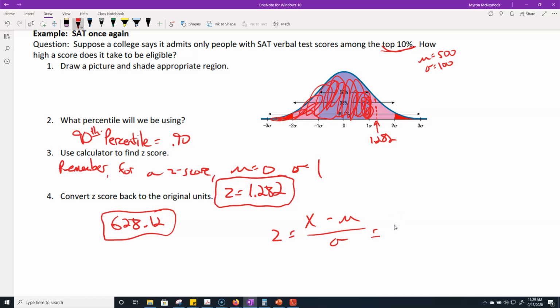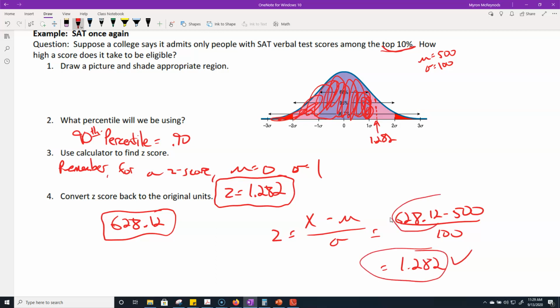So the z-score should equal 628.12 minus 500 over 100, and that is equal to 1.282, which checks out, and that's the z-score. See, those match up, and so you know you got the correct answer on both of them. All right, so that is example number 4, SAT once again, on Stapplet.